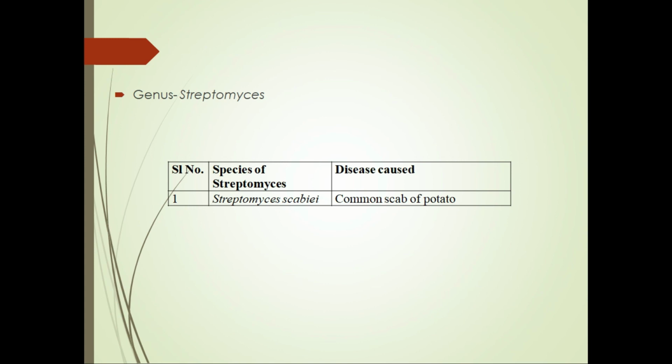This disease is found more in dry soil, and it can be controlled by irrigating the field. Streptomyces prefers to grow and multiply in dry soil and alkaline pH. So when the pH of the soil is reduced and the soil is irrigated, then Streptomyces disease in potato can be controlled easily.